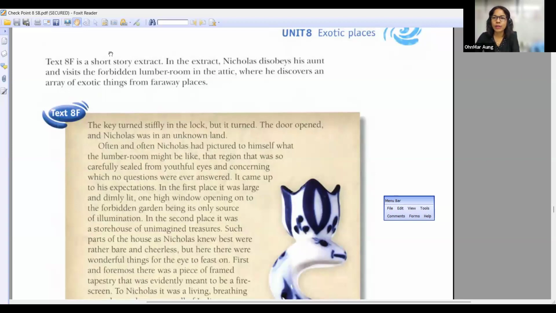In the attic. Do you have an attic at your house? What is attic? Forbidden lumber room in the attic. So it means that there is a disused room in the attic where he discovers an array of exotic things. Exotic. How do you understand exotic?